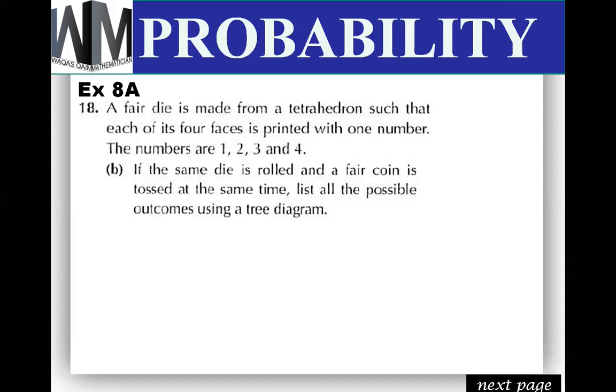The outcomes are 1, 2, 3, 4, and you are rolling this die and tossing a coin. So draw the tree diagram for writing all the possible outcomes of this. You have 2 minutes for this.